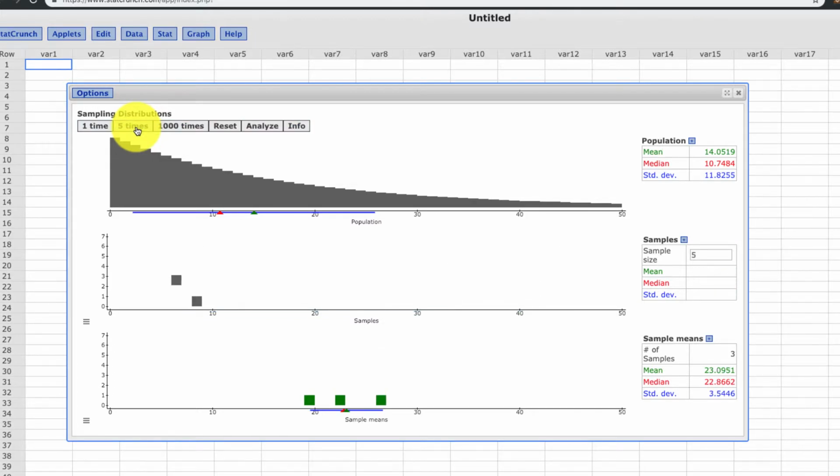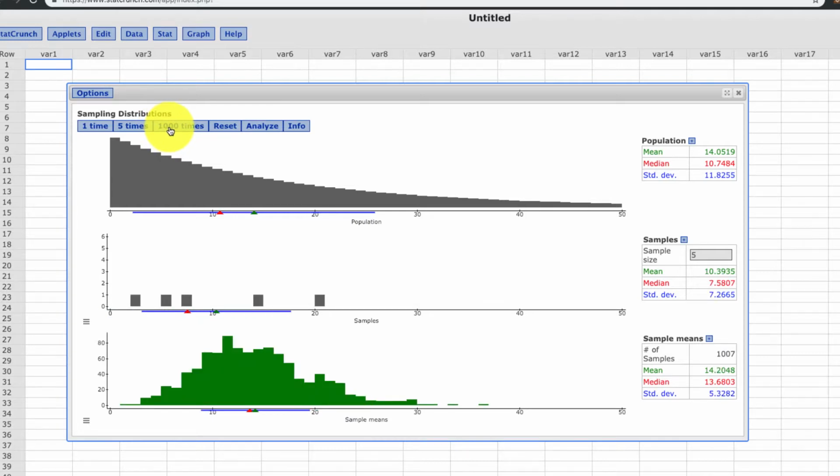There's 1, 2, there's another one, and so we're creating a sampling distribution down here. These are sample means, and then let's see what happens here. So now let's do 1,000 at a time, and another 1,000, and another, and another. So I've taken 5,000 samples of size 5.